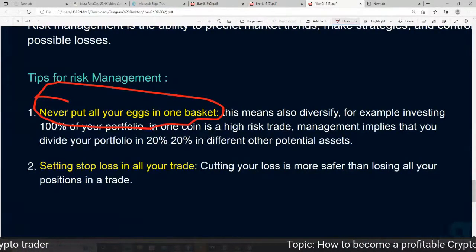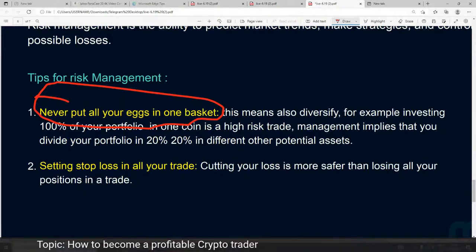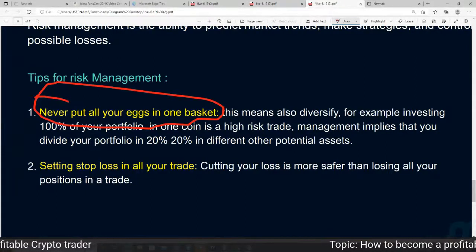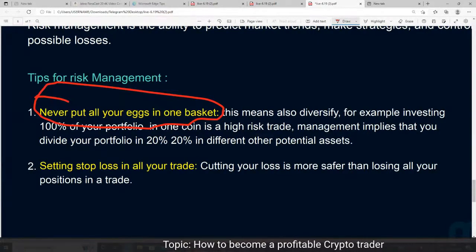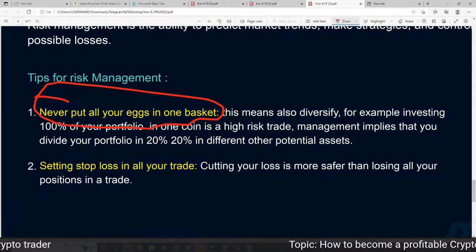You understand? That's why this is very important. If you don't manage your risk very well, you will lose all your portfolio at once. Never put all your eggs in one basket. Never put all your money, all your portfolio, in one coin, expecting a big pump because a Twitter influencer announced that we are mooning.